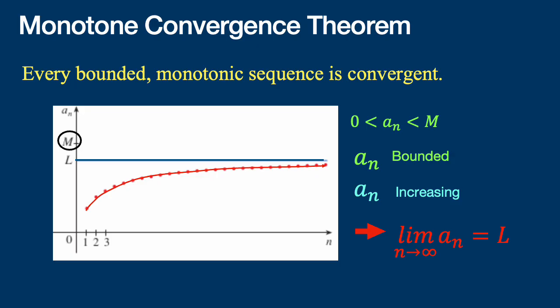The monotone convergence theorem gives us a quick way to prove convergence without having to compute the limit directly. We don't have to calculate or evaluate the limit of a sequence all the time. We just check the sequence is bounded and increasing, then we know the limit of the sequence exists.